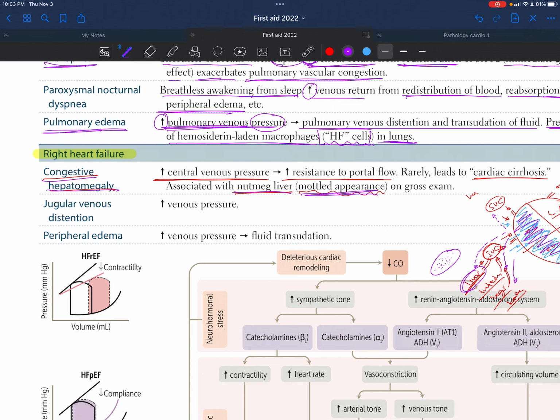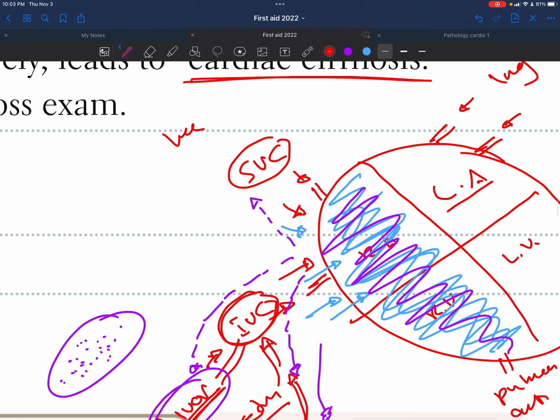So we also have the jugular venous distension. Basically it's the same thing, because the blood from the head, neck, and upper extremities needs to go into the superior vena cava and then into the right atrium over here.